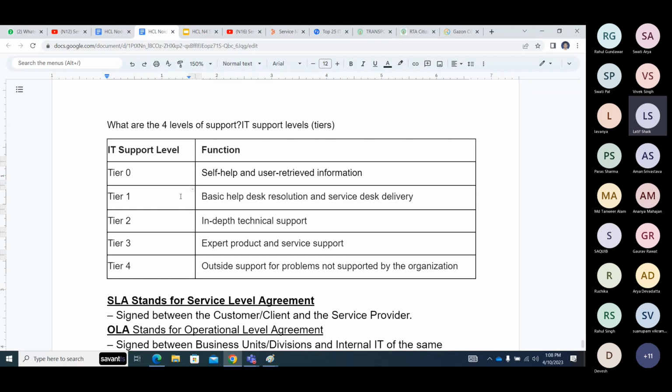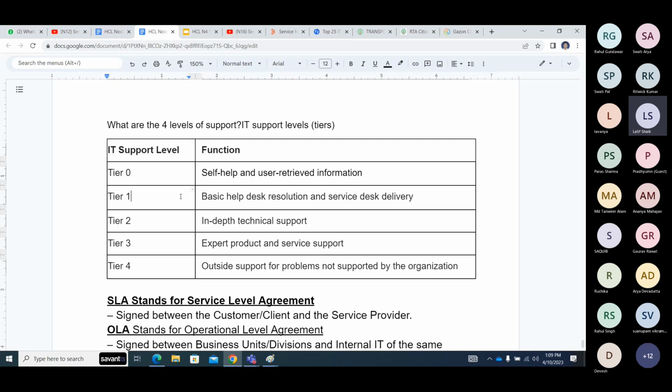Level 2 is in-depth technical knowledge. It is more than a basic issue, a higher issue. L2 people compulsorily come with experience and technical knowledge, in-depth technical support. So you have to go through documents and resolve the issues.